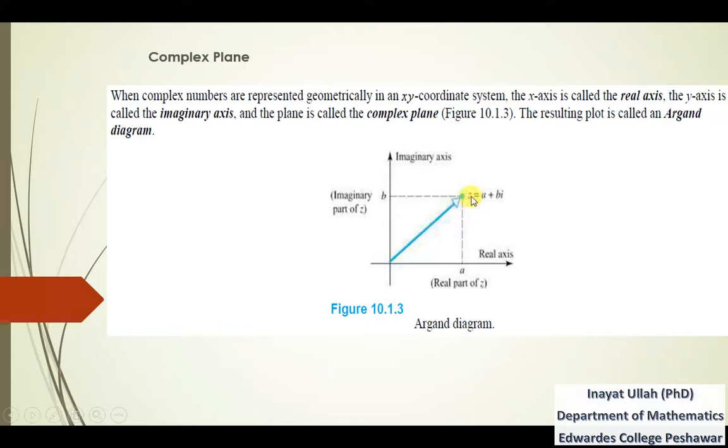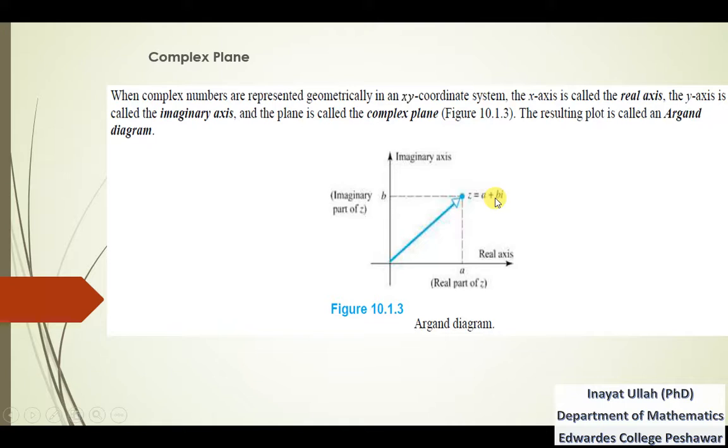there is a complex number z, a plus b iota, and we represent this complex number as a vector. The component along the x-axis is a, and the component along the y-axis is b. Because a is the real part of z and is taken along the x-axis, the x-axis is called the real axis.